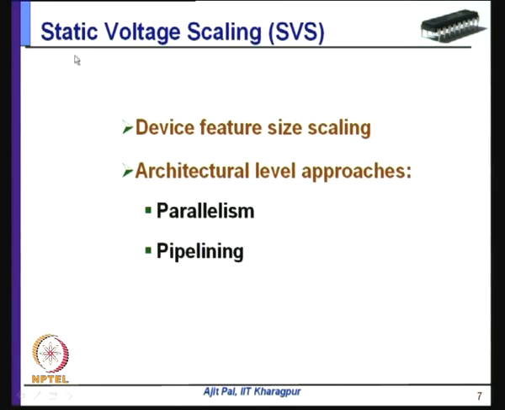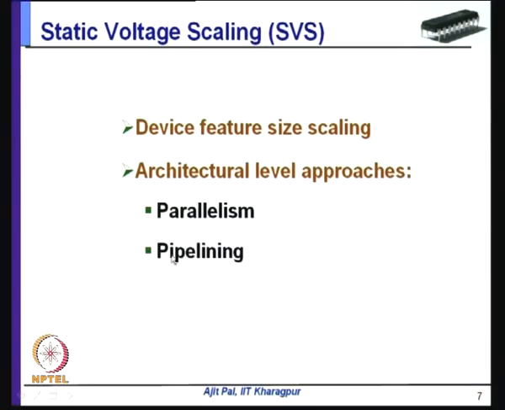Now, so far as the static voltage scaling techniques are used, we have discussed two basic approaches. Now, first one is device feature size scaling. As we know, because of the advancement of technology, the feature size of the devices are decreasing. As the feature size of the devices are decreasing, the supply voltage is correspondingly reduced to achieve lower power dissipation. That is what is being done in your device feature size scaling.